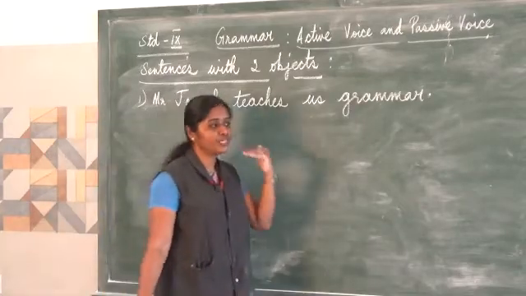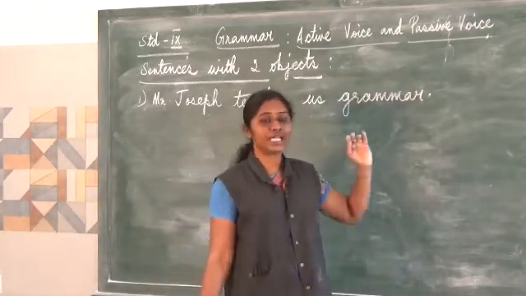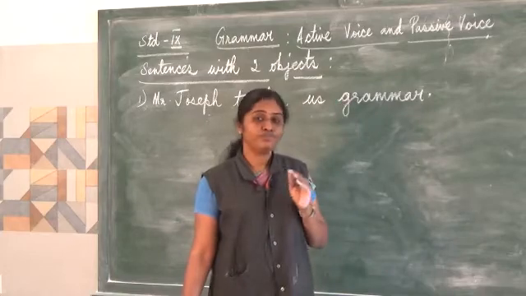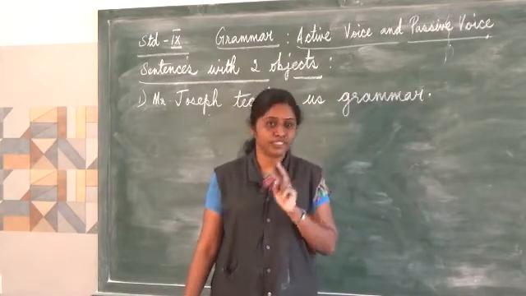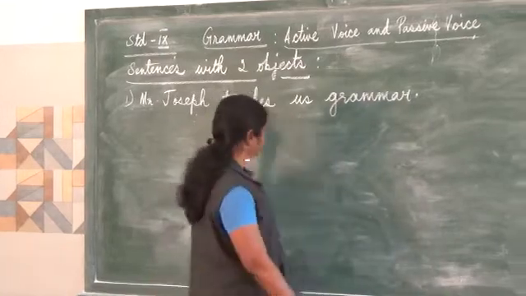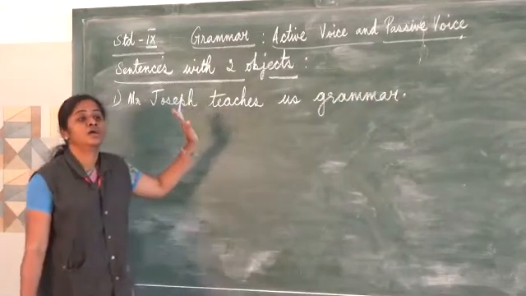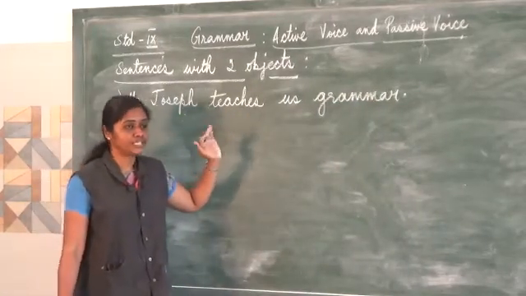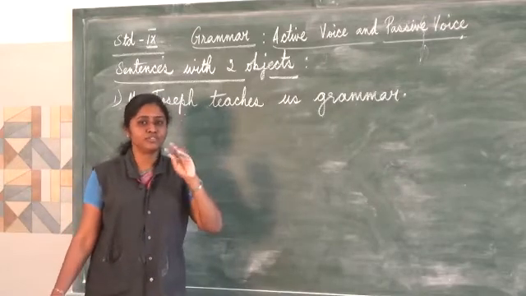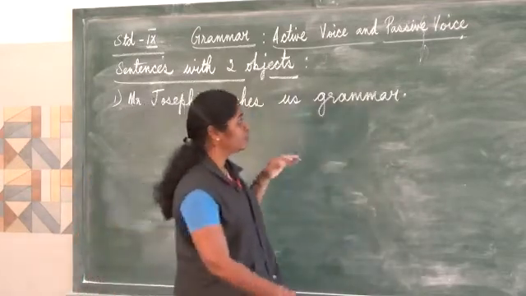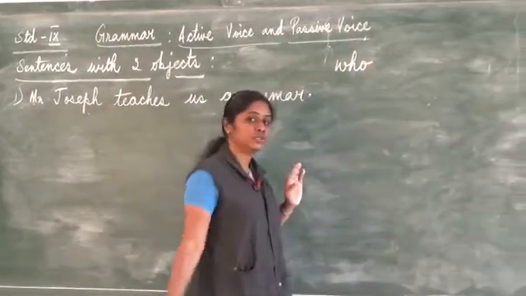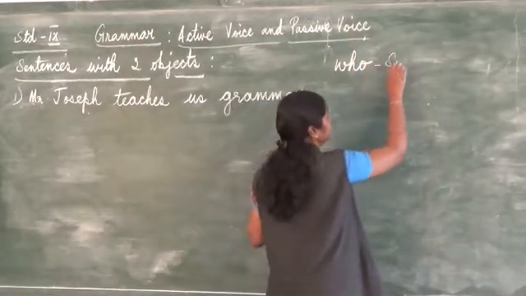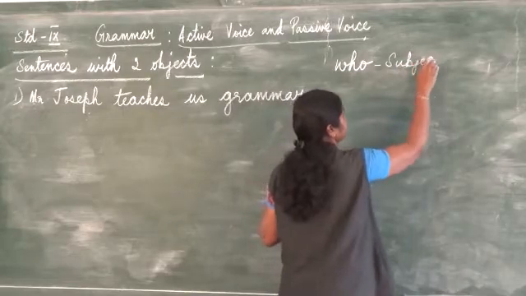See, when we started dealing with active voice and passive voice, if you remember, I told you how to identify the subject and object in a given sentence. I told you certain question words. We use the question word "who" to identify the subject of the given sentence.